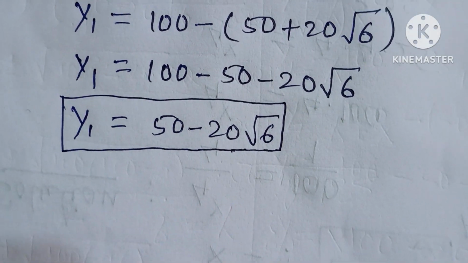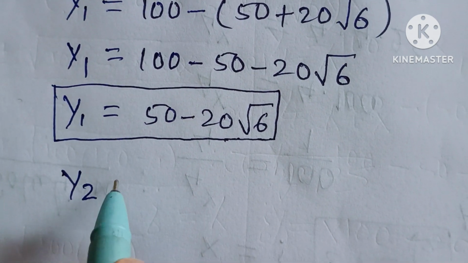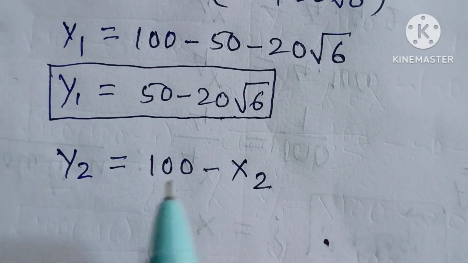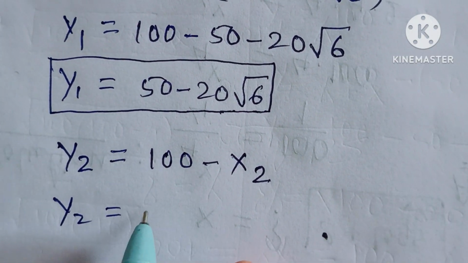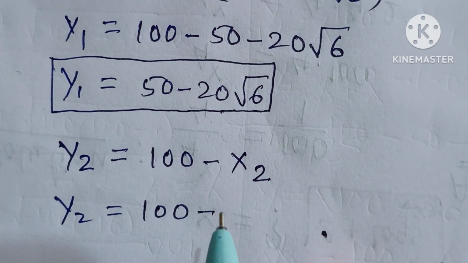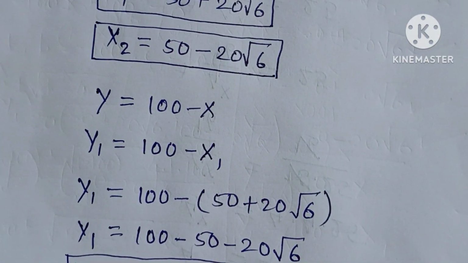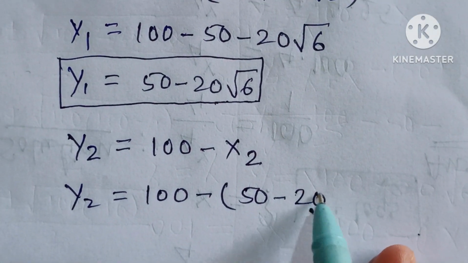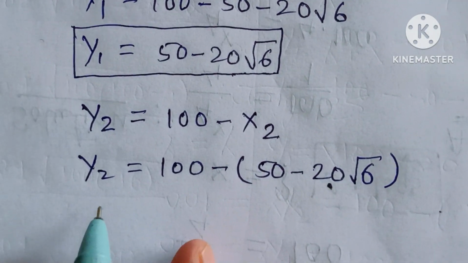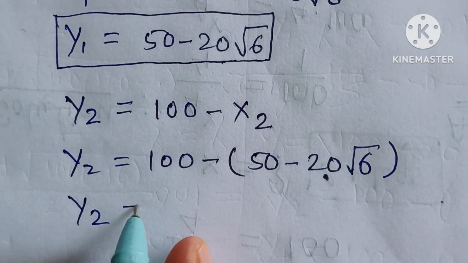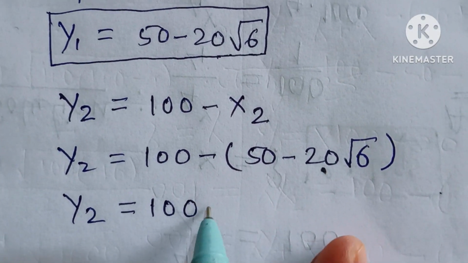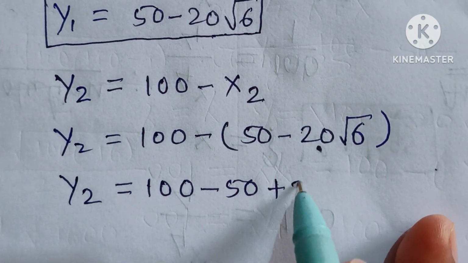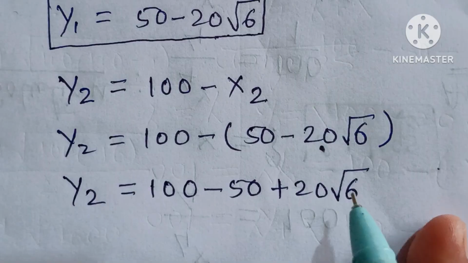Now we can find the value of y2. y2 equal to 100 minus x2, that is 100 minus (50 minus 20 under root 6). y2 equal to 100 minus 50, minus into minus becomes plus, 20 under root 6.